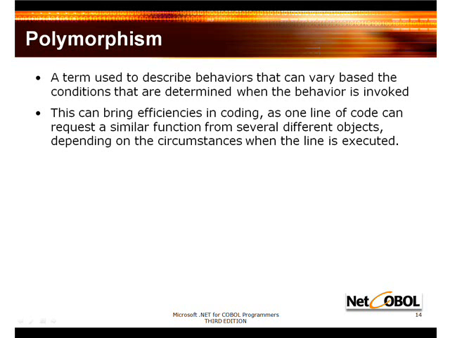Polymorphism is a concept that can really bring efficiencies in coding. For example, one line of code can request similar functionality from several different objects depending upon the circumstances of when the line is executed. And I know you're still scratching your head, so let's try to bring this into a real-world scenario.